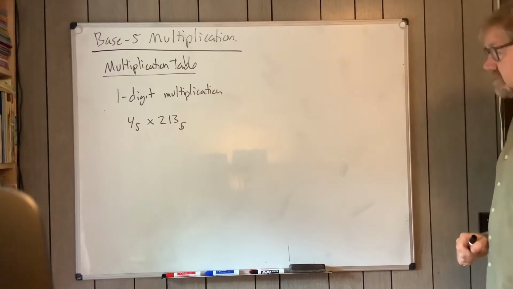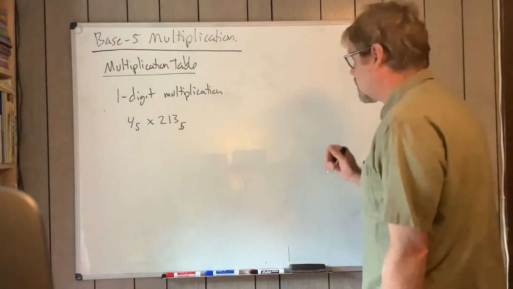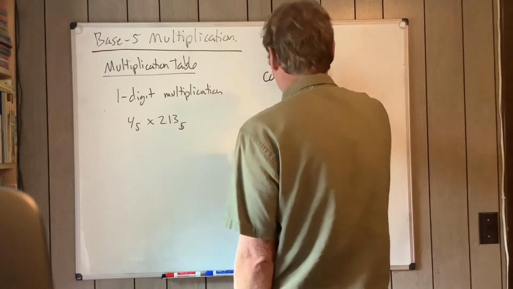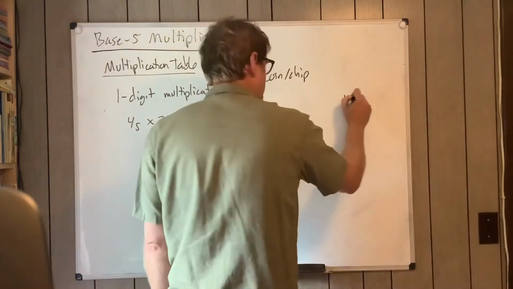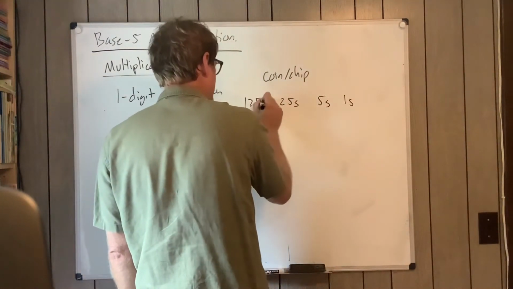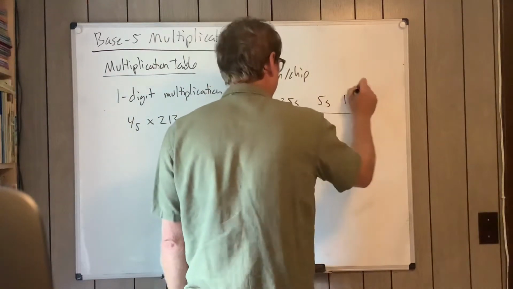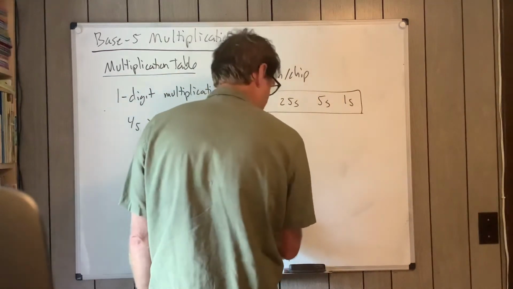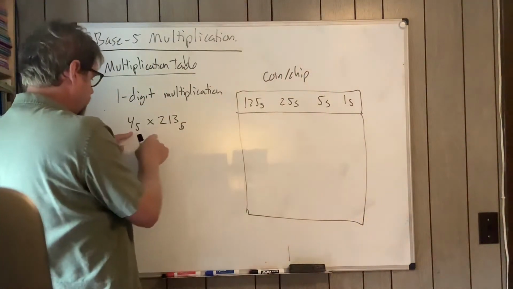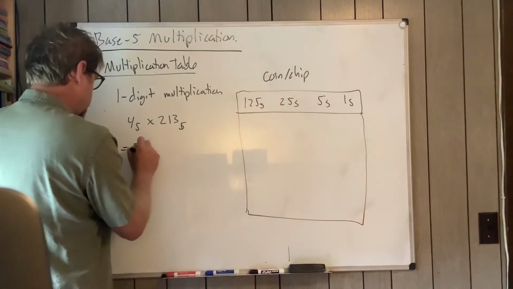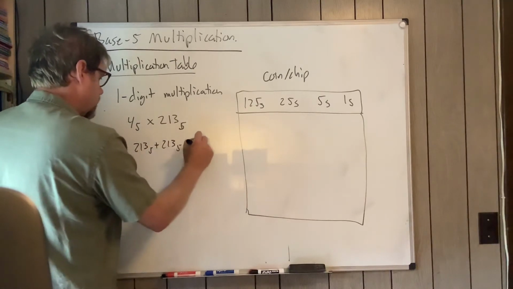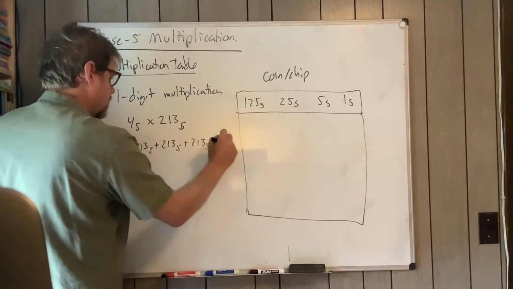Like we've done before, I want to do a coin or chip model. Remember, what this means is 2, 1, 3 plus 2, 1, 3 plus 2, 1, 3 plus 2, 1, 3.